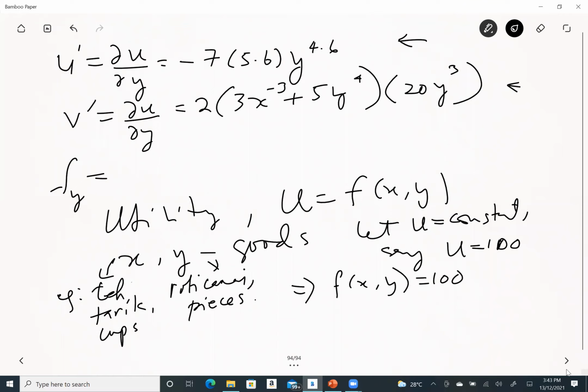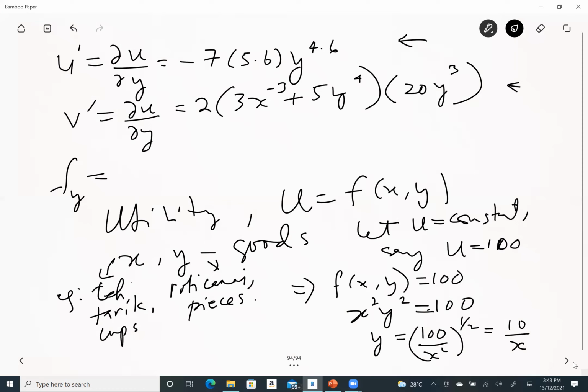If you look at example number 4, you have U equals x squared y squared. So you get x squared y squared equal to 100. And now you can write down y, you simplify that. So you get 100 over x squared, everything to the power of half, which will be equal to 10 over x. So that is what we call an indifference curve.